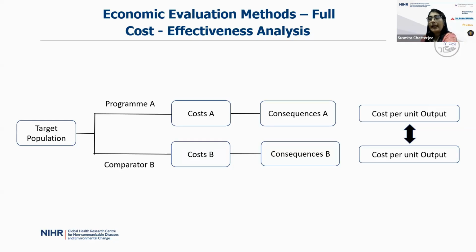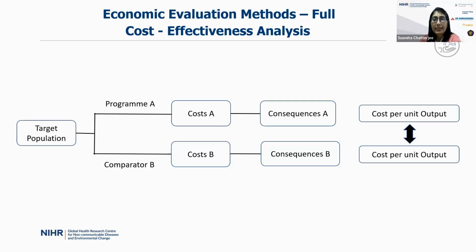At the end of the day, we are comparing the cost of doing COVID-19 treatment, the cost of doing COVID-19 vaccination, and the number of deaths and hospitalizations when I do the treatment and when I do the vaccination. Then I'm comparing this cost per unit of output.